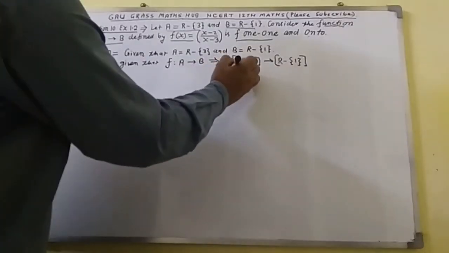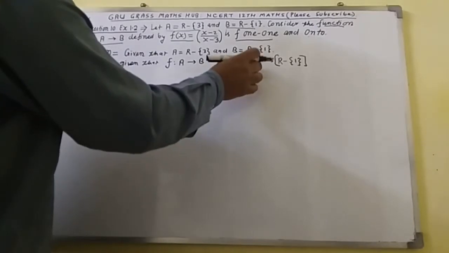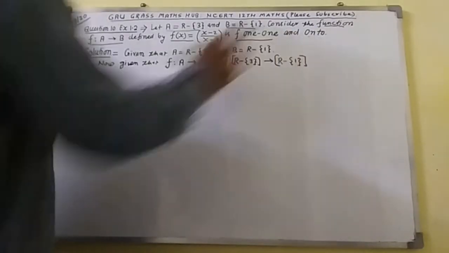So here you can see f is a function from this to this.